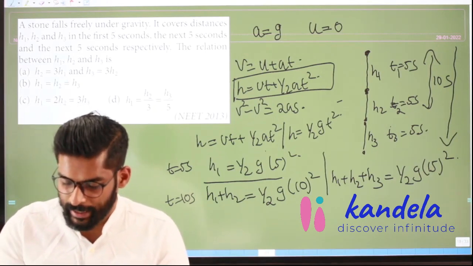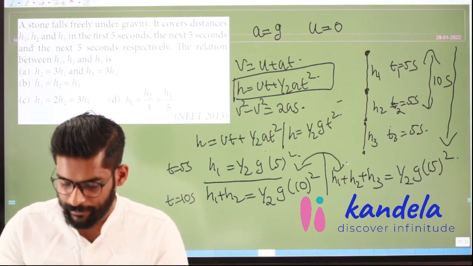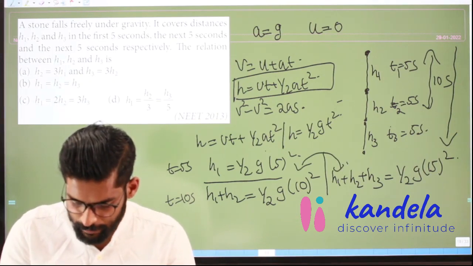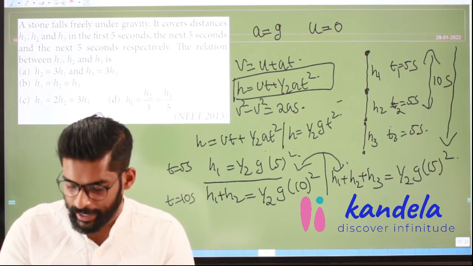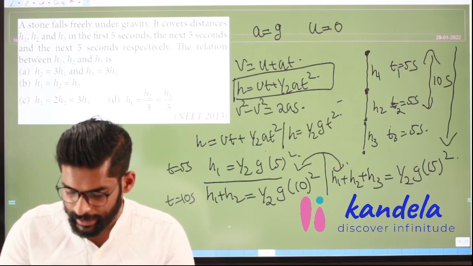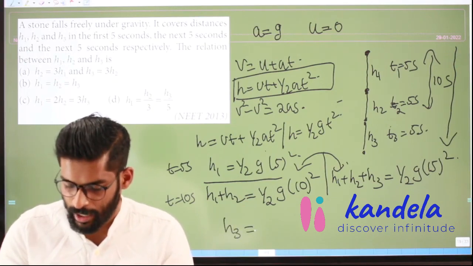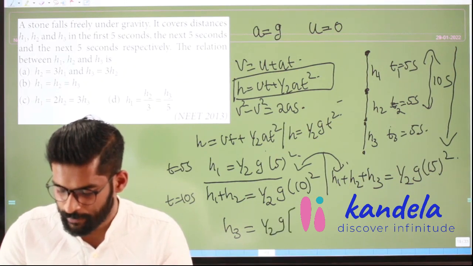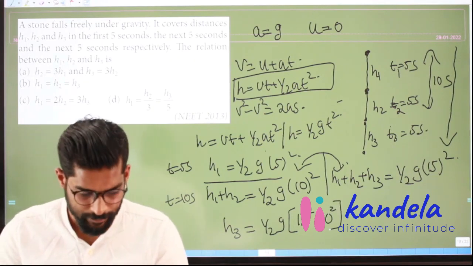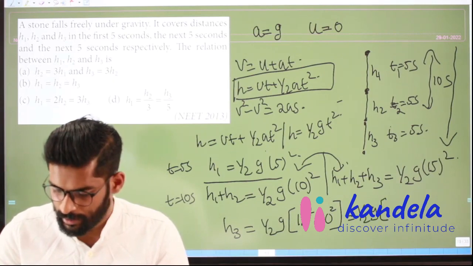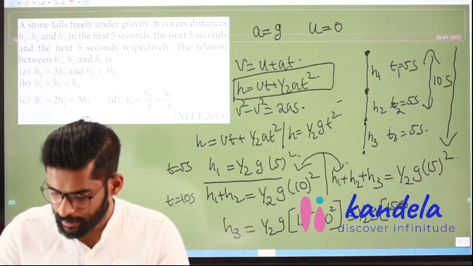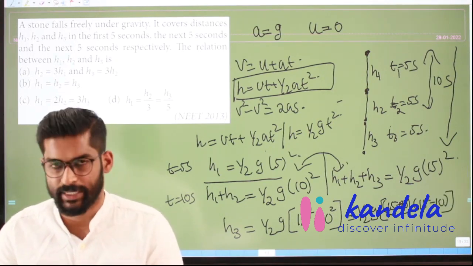Now if we subtract the last two equations, h1 plus h2 plus h3 minus h1 plus h2, I get h3 is equal to half g into 15 square minus 10 square. This is half g into 15 plus 10 into 15 minus 10, because I can expand a square minus b square as a plus b into a minus b.